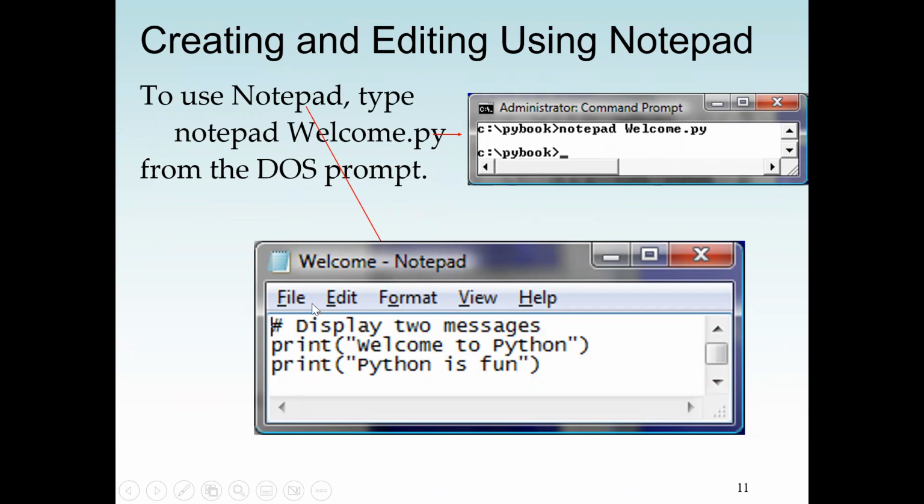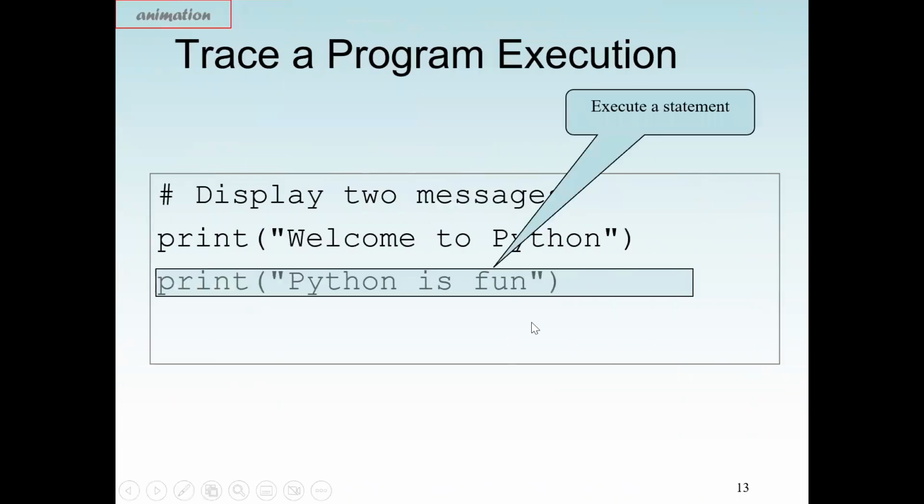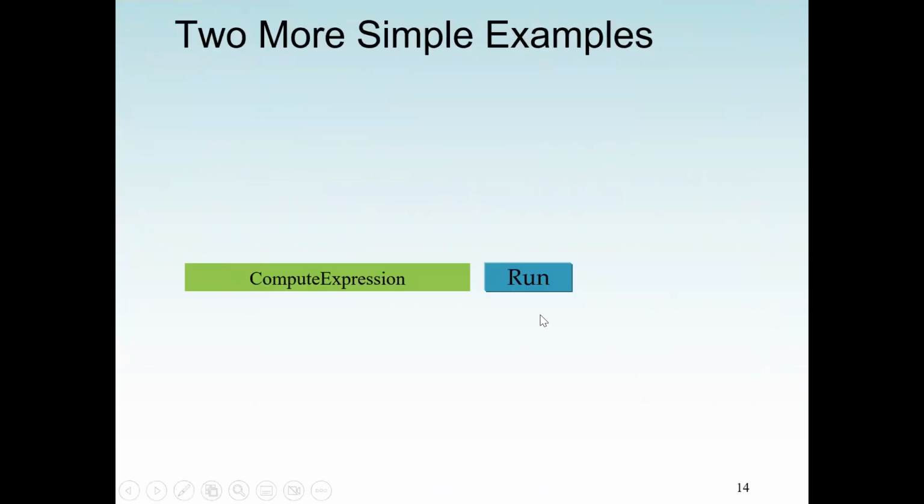But also we can use the Notepad to write our code. Then, again, this is our code tracing. As we said, this will print two statements for us. Then after we write the code, we use the command-driven interface to invoke Python. But again, we are going to use the Python IDLE.